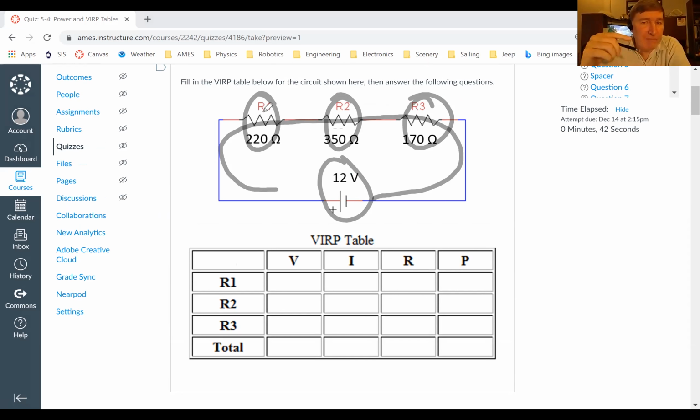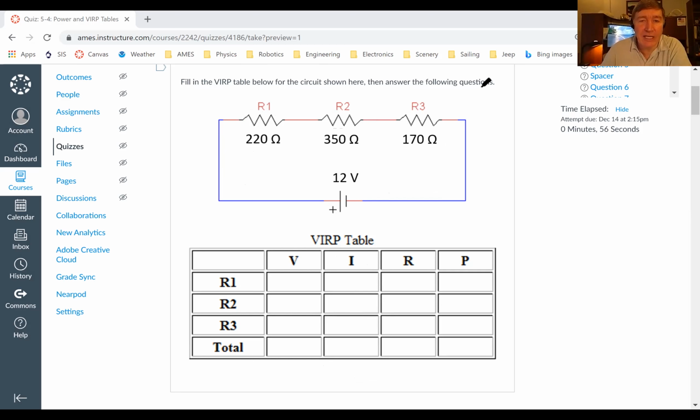That's what it means to be a series circuit. So whatever number goes into this square, the same number goes in here, and here, and here. So that's the answer to the first question: the current column is going to be the same for all of them.